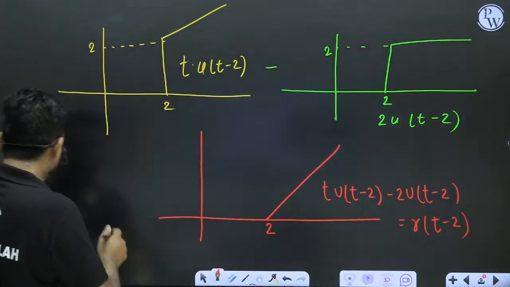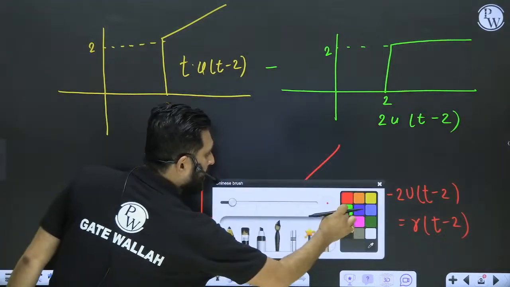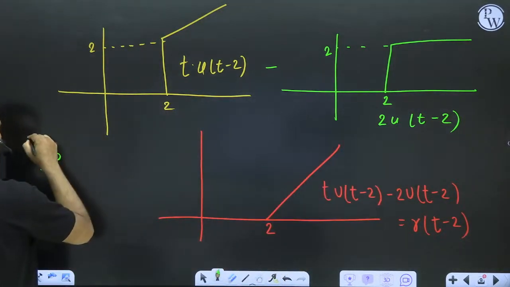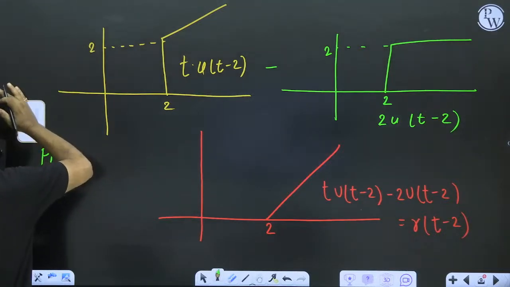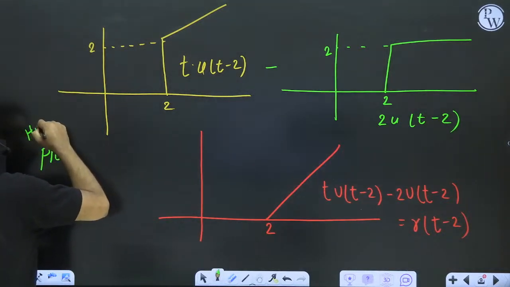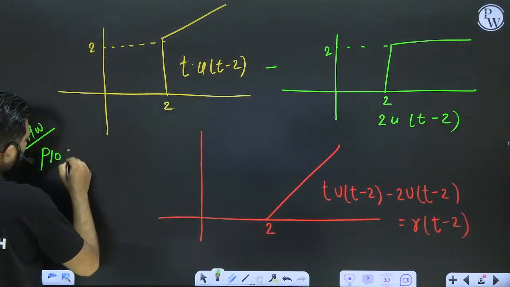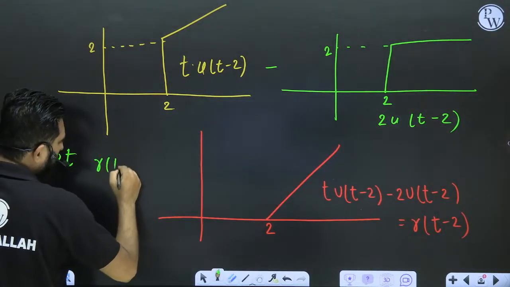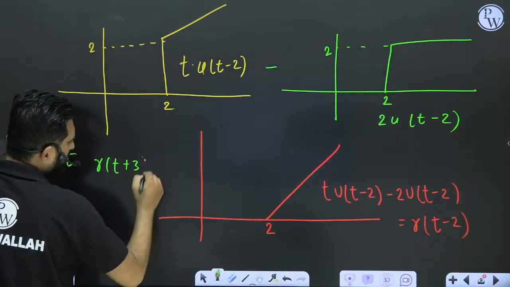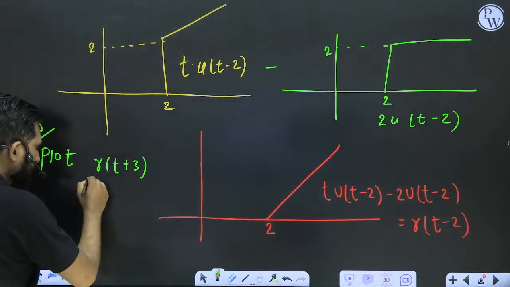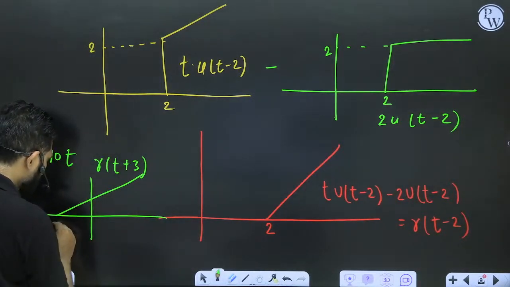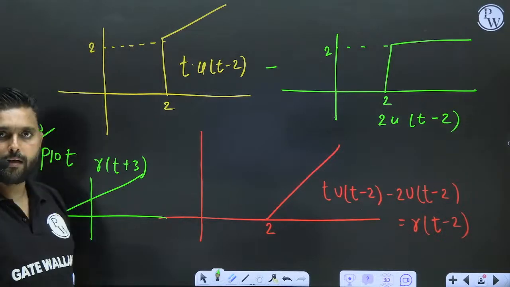So I'm giving you the homework: plot r(t plus 3). You know how r(t plus 3) looks, from minus 3.